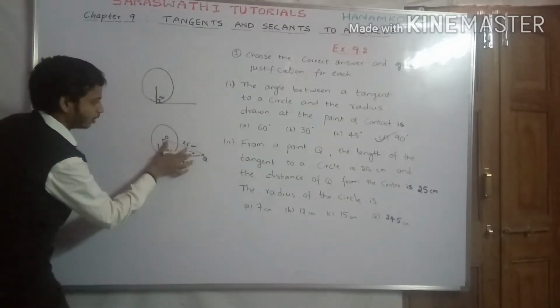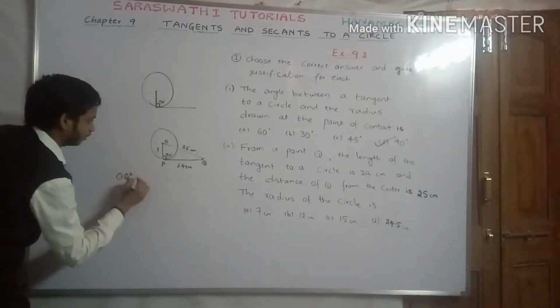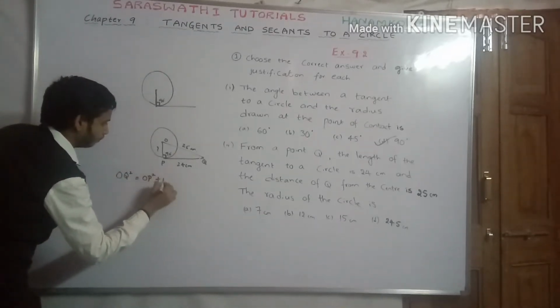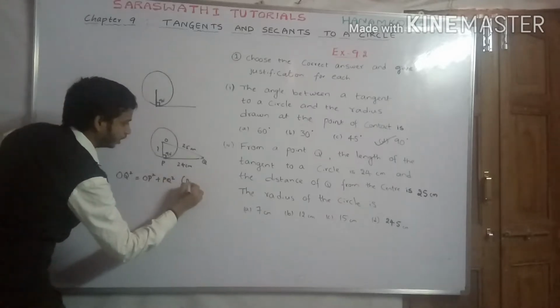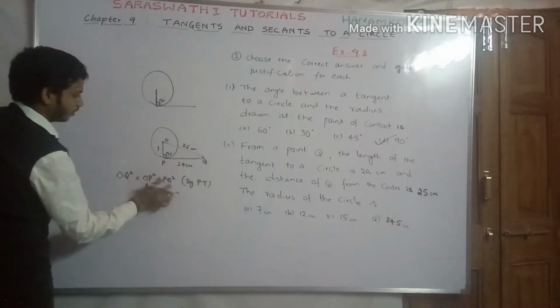If we apply the Pythagoras theorem to this triangle, OQ square equals OP square plus PQ square. The square of the hypotenuse equals the sum of the squares of the other two sides.